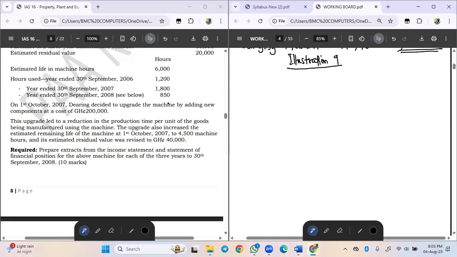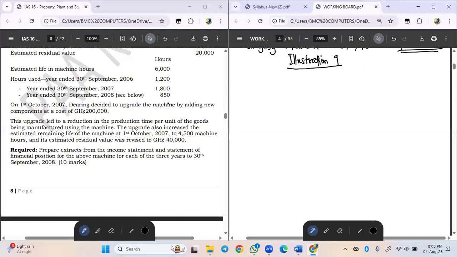On 1st October 2007, Daring decided to upgrade the machine by adding new components at a cost of 200,000. The upgrade led to a reduction in the production time per unit of the goods being manufactured using the machine.